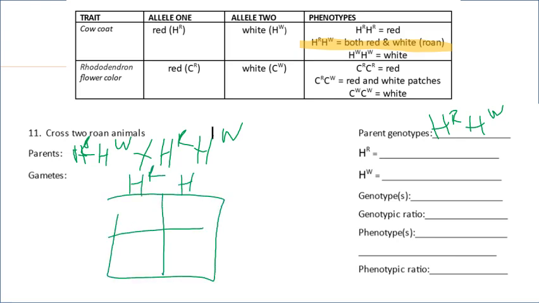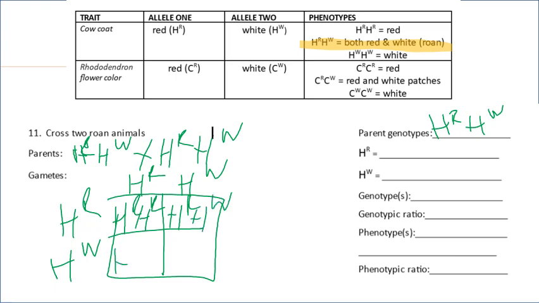HR HW, heterozygous. Even though there's no dominant situation going on here, the terminology still works that way. HR HW, HR HW, and then HW HW. So looking at this here, we have a red.